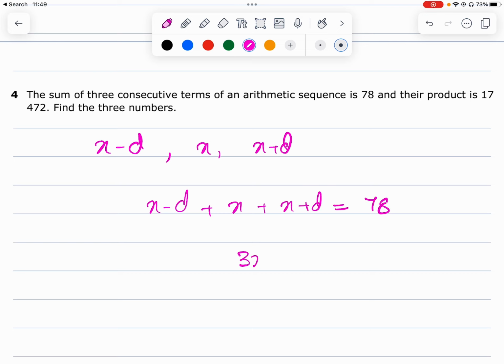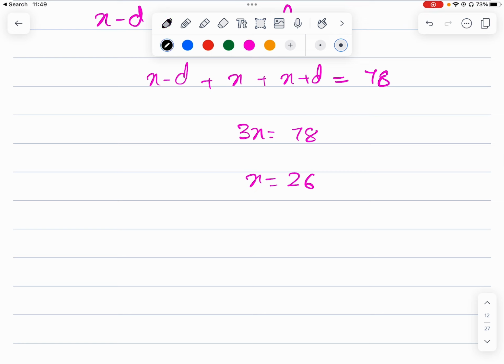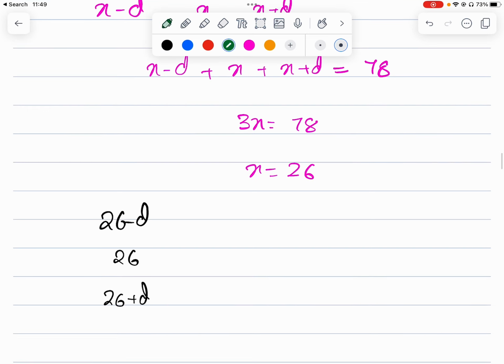So 3x equals 78, x equals 26. The three terms are 26 minus d, 26 and 26 plus d. Now the product equals 17,472.